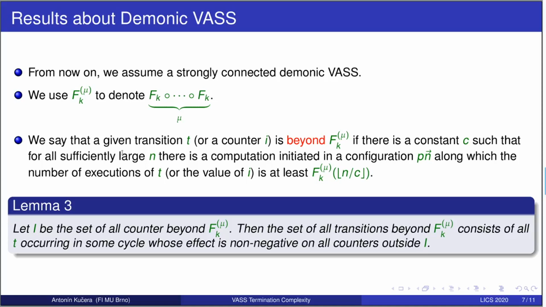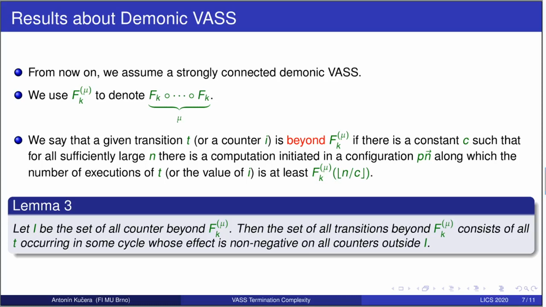More precisely, for a given transition t or counter i, we say that the transition or the counter is beyond fk^mu if there is a constant c depending only on the underlying demonic VASS, such that for all sufficiently large n's, there is a computation initiated in a configuration where all counters are equal to n, and along this computation, the number of executions of the transition t, or the value of the counter i, is at least fk^mu applied not really to n, but to n divided by c.